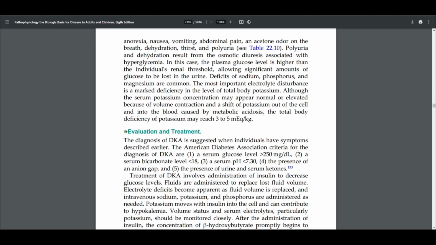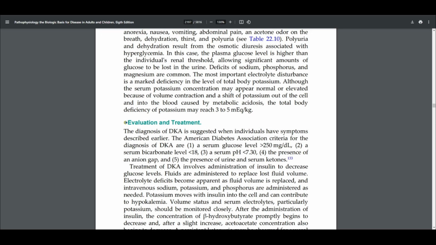Polyuria and dehydration result from the osmotic diuresis associated with hyperglycemia. In this case, the plasma glucose level is higher than the individual's renal threshold, allowing significant amounts of glucose to be lost in the urine.